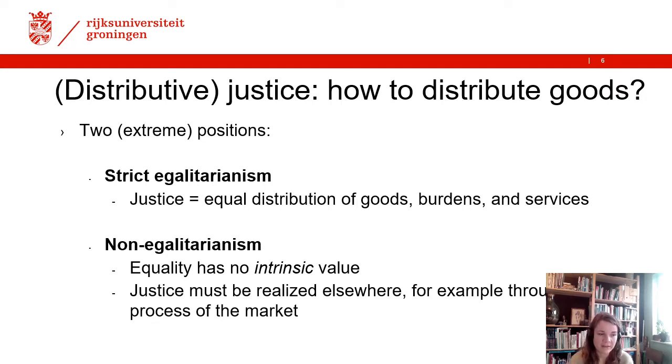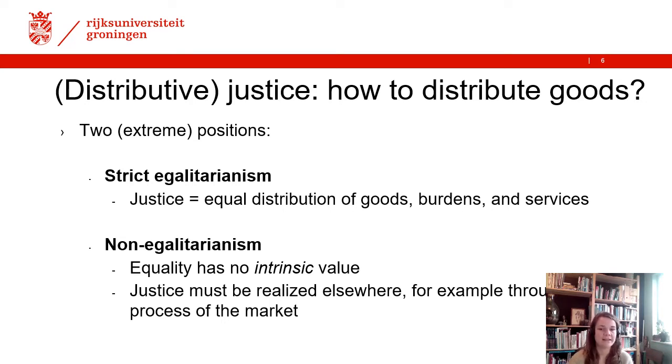It's already a bit in the name, egalitarianism, equal. So this type of distributive justice proposes that justice is the same as equality, right? So a just distribution of goods implies that goods, burdens, and services are equally distributed across people. And we will look into this a bit more in the next slide.